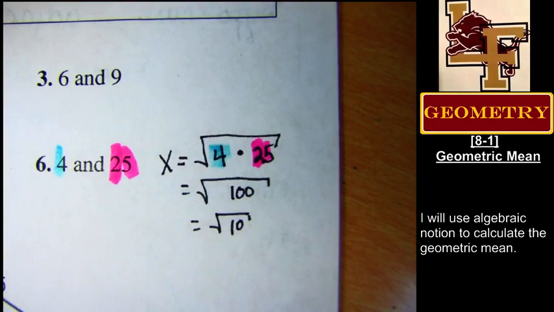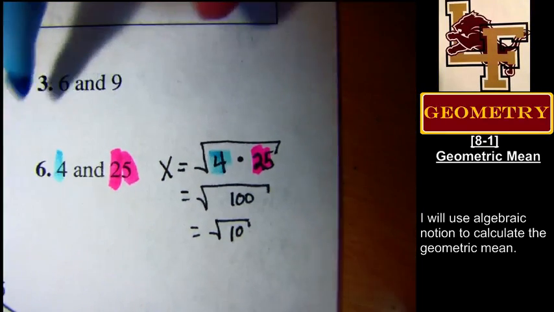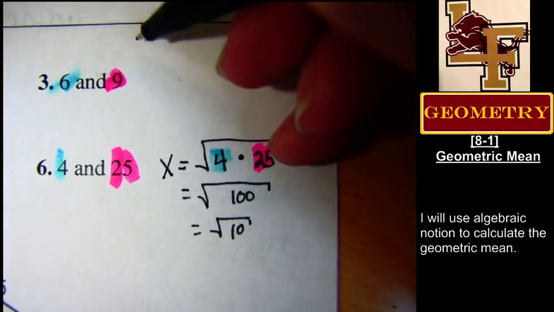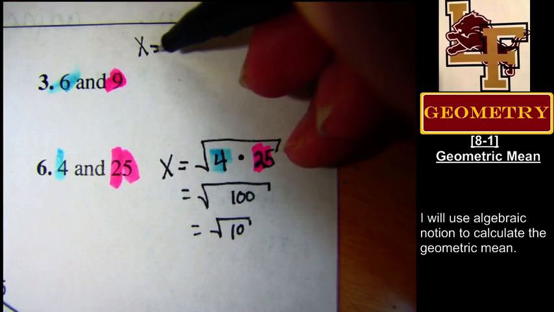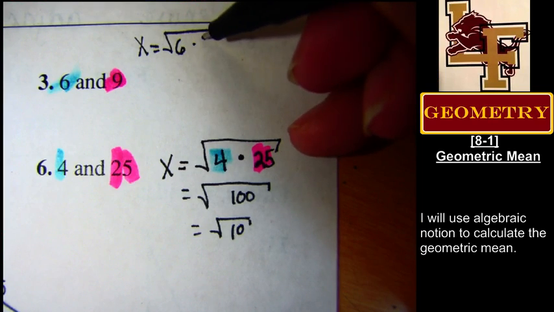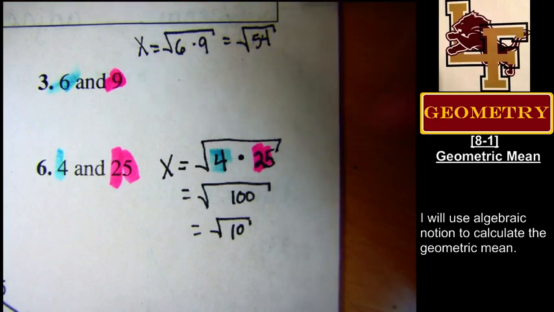Let's look at number 3, because number 3 has one tiny little step more, but it's basically the exact same thing. I want the geometric mean between 6 and 9. The geometric mean is the square root of whatever I get when I multiply them together. 6 times 9 is 54.